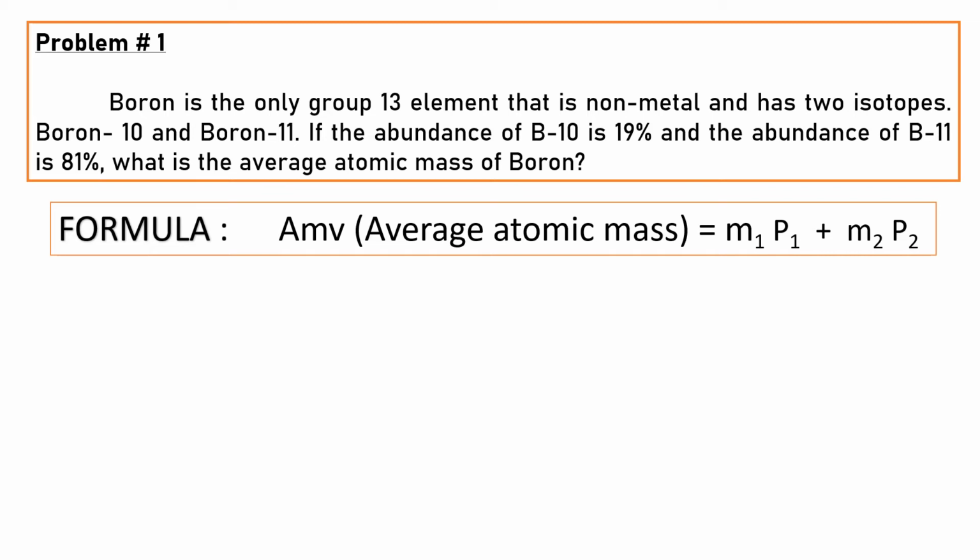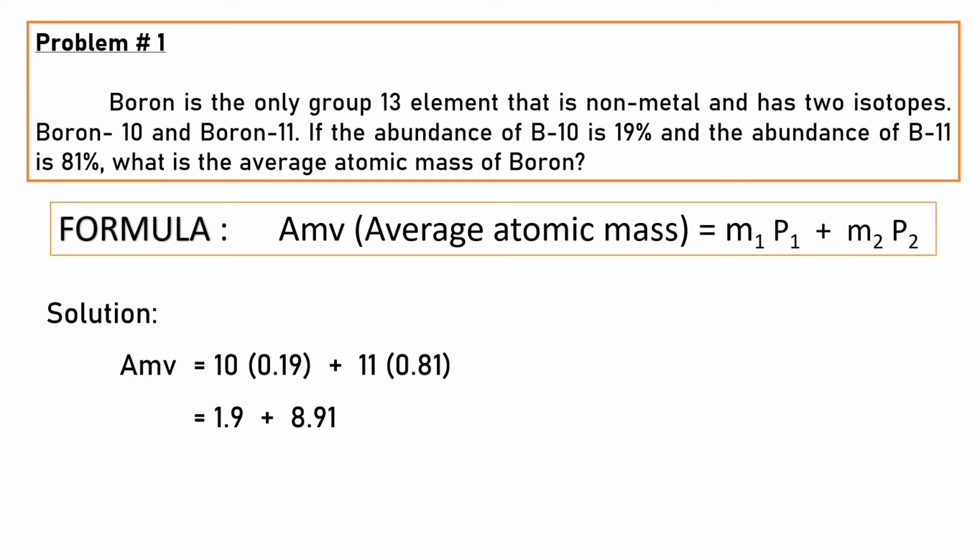For our solution, you will just substitute the value of mass 1 multiplied by percentage 1, which is 10 multiplied by 0.19. Where do we get 0.19? It is from the 19% that must be converted into decimal point, plus m2 multiplied by p2, which is 11 multiplied by 81% in decimal point, that is 0.81.